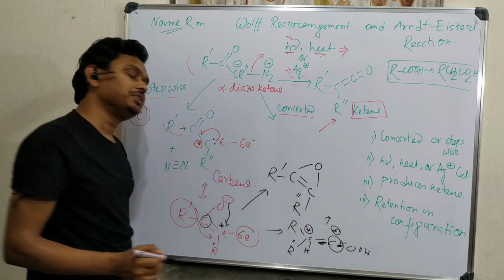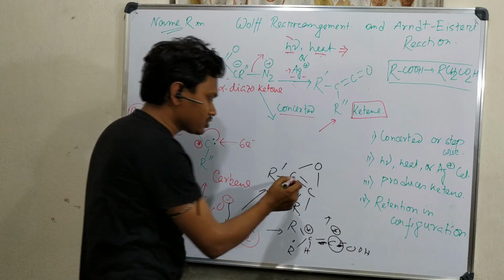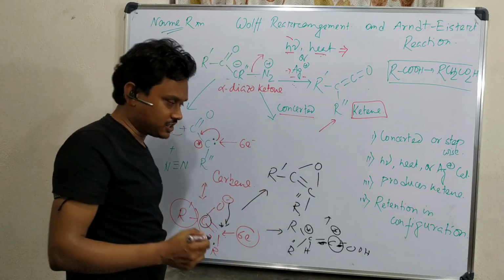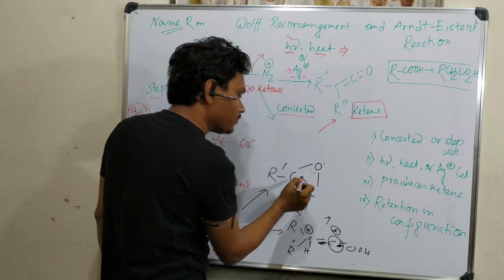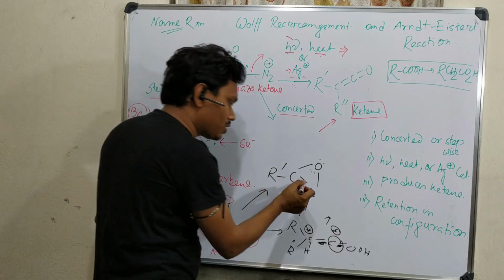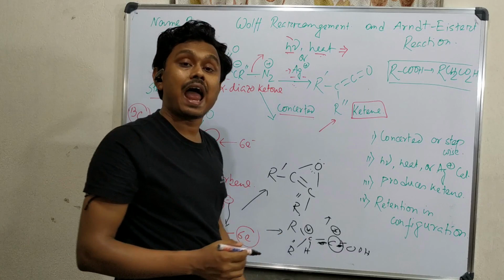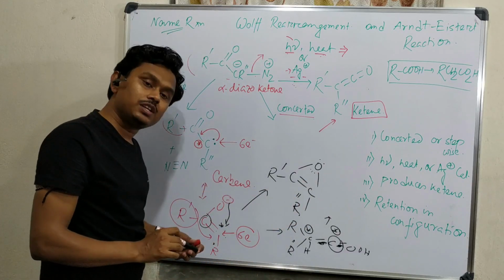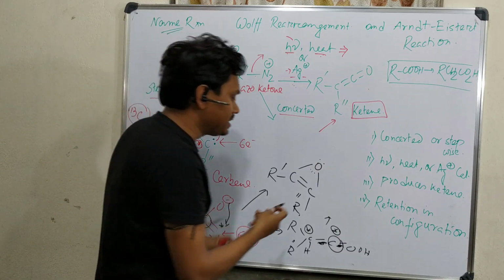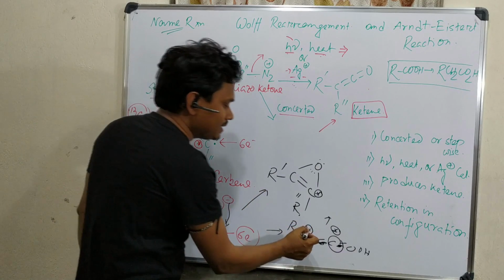And another thing, keep it in mind, it is very reactive because stabilization is less because of the double bond as well as the 3 membered ring, that is the first point. The second point is that here one lone pair of electrons is involved in the ring. So here 2 electrons, here 2 electrons, so 4 electrons, and that's why this is anti-aromatic in nature. It is very reactive, but it is possible, and this phenomenon explains why the label is scrambled.